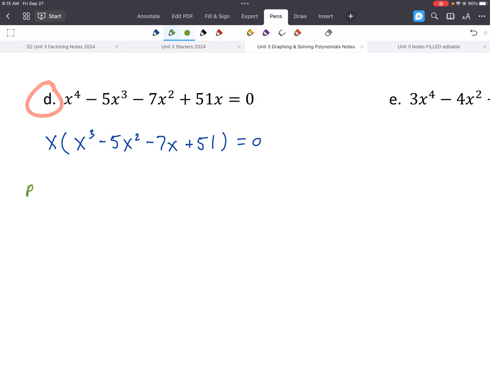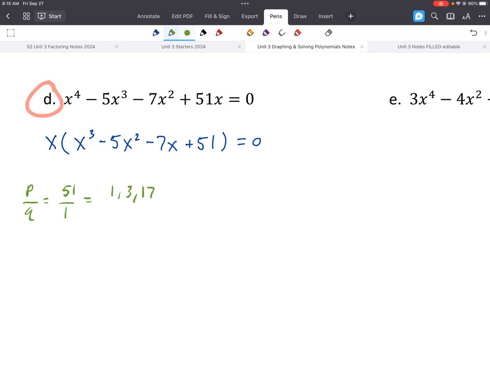So P over Q, that's 51 over 1. And the factors of 51, this one's a little trickier. It's going to be 1, I think 3, if I can remember, 3 times what? I can't remember what that is. 51 divided by 3, 17.